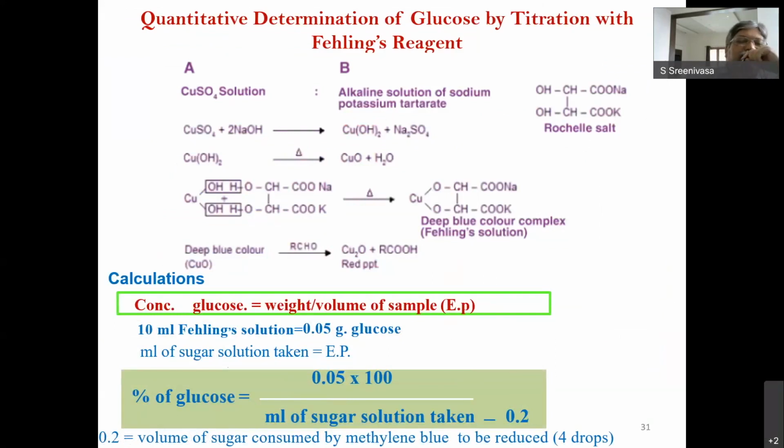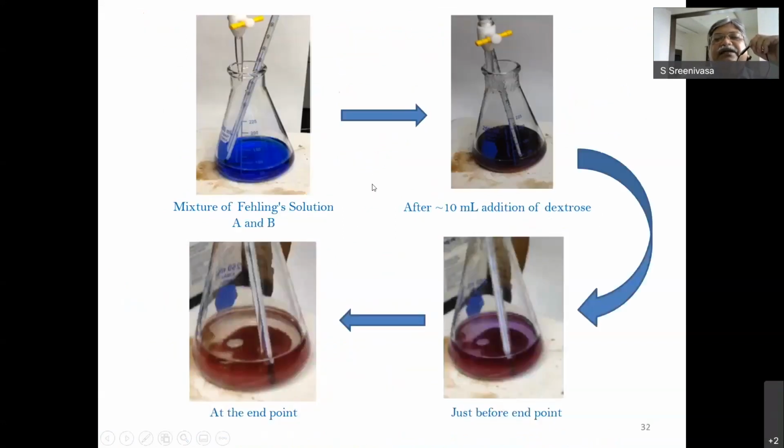And one more very important aspect where skill is needed is the estimation of sugars. Quantitative estimation of sugar can be done using Fehling's solution A and B. The sugar solution is taken, Fehling's solution is added, and it is heated.